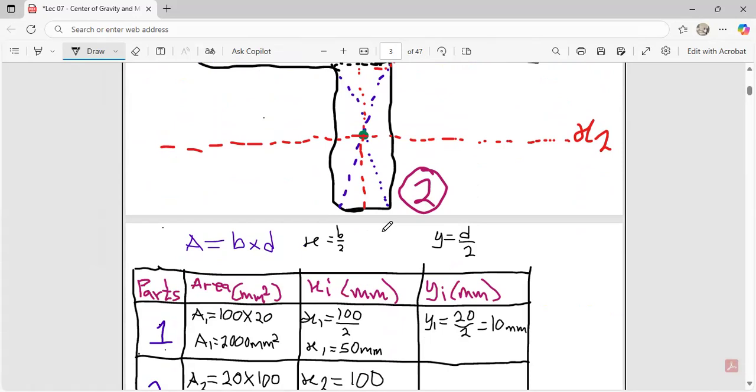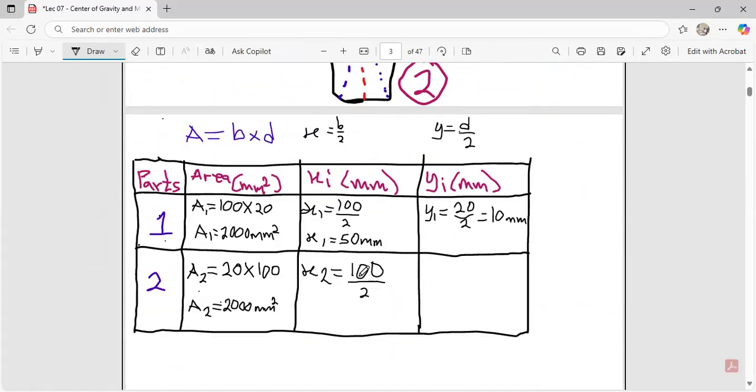But because their center of gravity has intersected, that is why it is 100 divided by 2. At the end of the day, if we divide, our x2, the answer is going to be 50 mm.